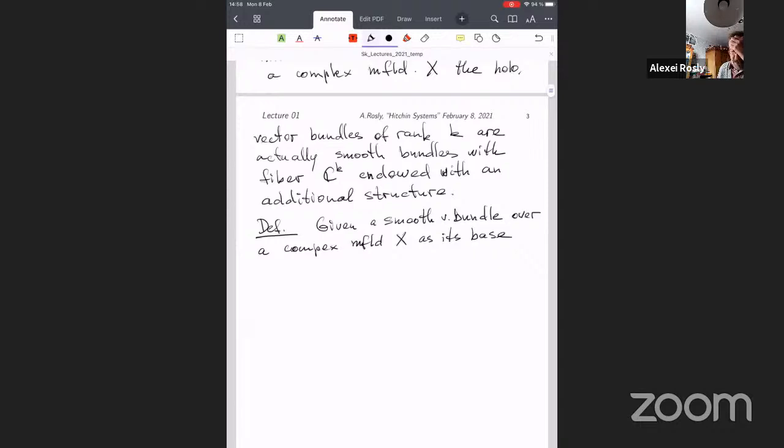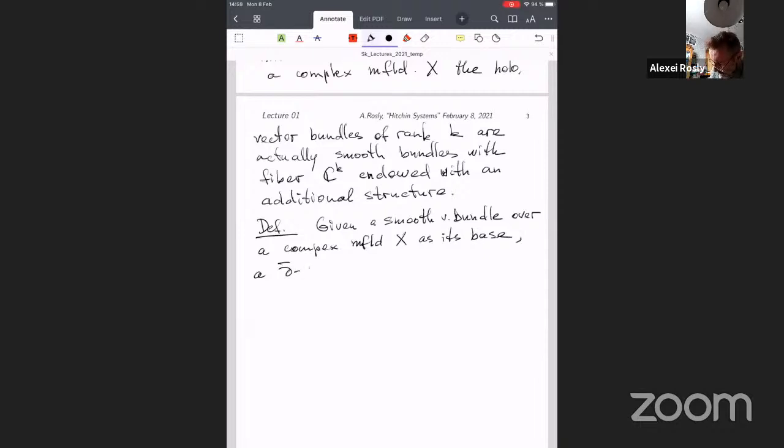and now I want to define the notion of a D-bar connection in a smooth bundle. Everybody knows the notion of a connection in a bundle, and this is its relative, which uses only the Dolbeault operator instead of the full de Rham. I will make a remark later that you will see the similarity.